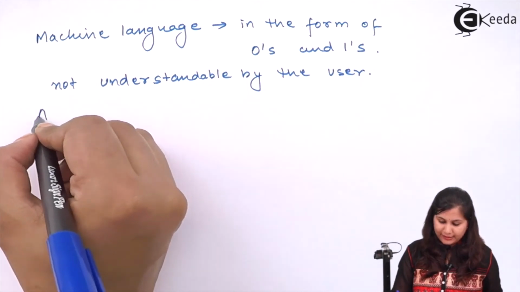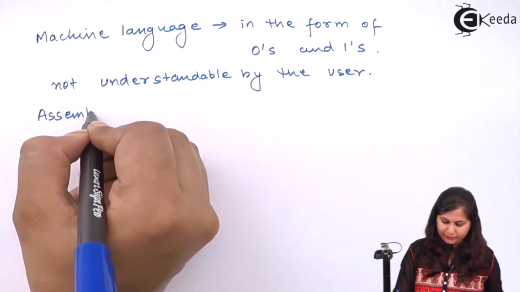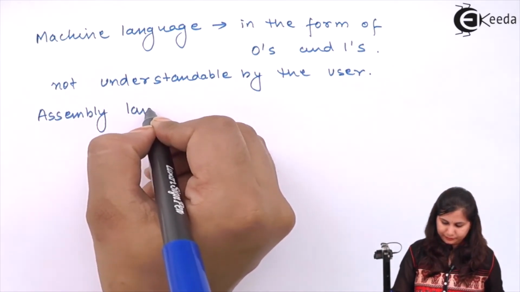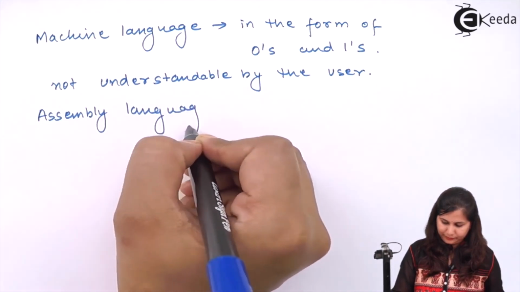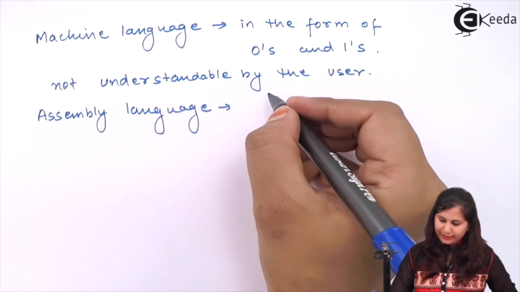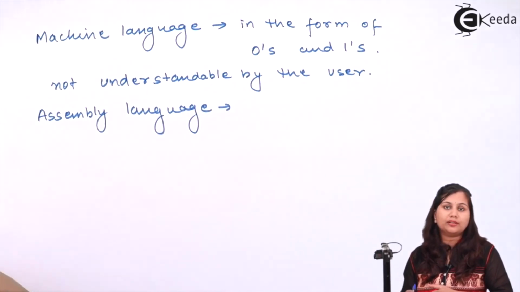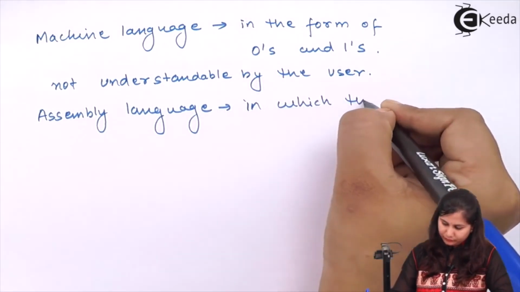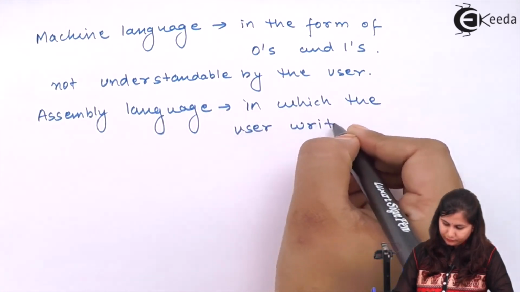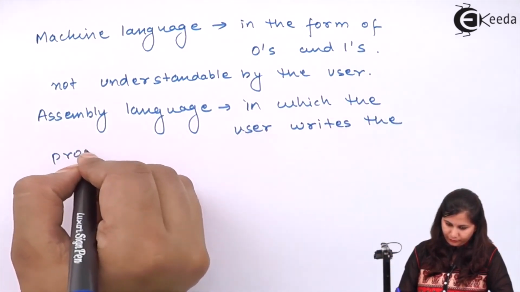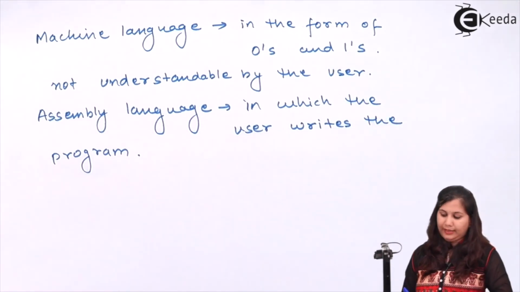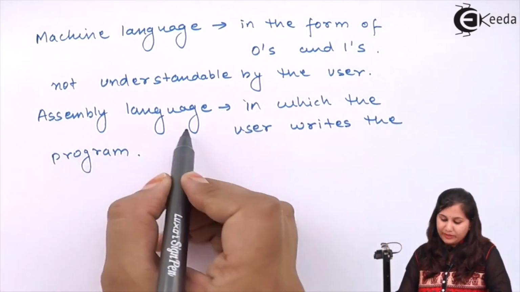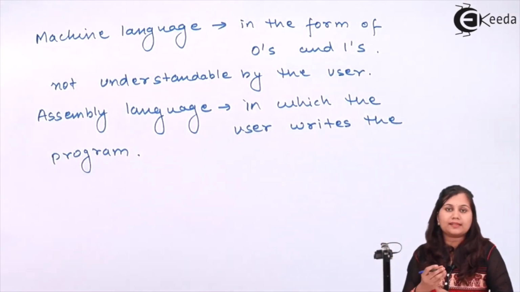Then we have the assembly language. Assembly language is the language in which the user writes the program, and it uses a code for each instruction, and this code is known as mnemonics.